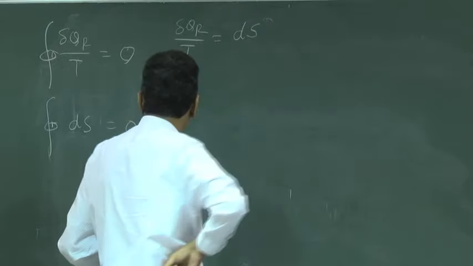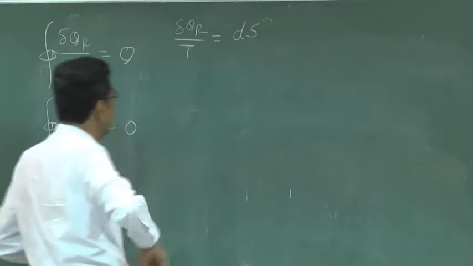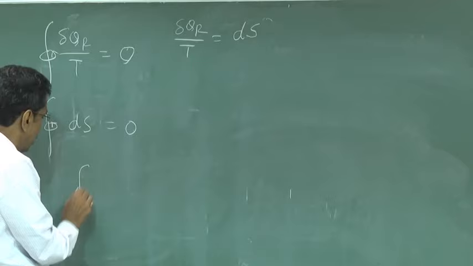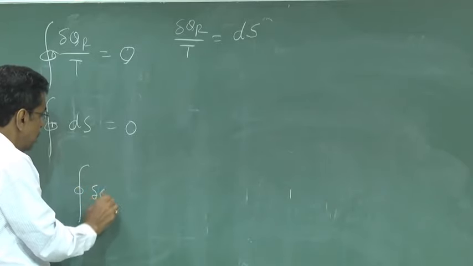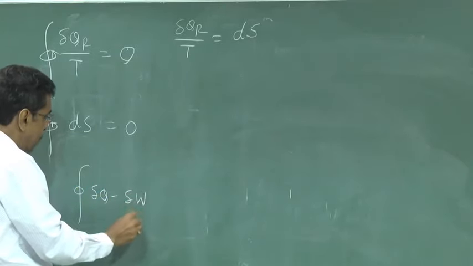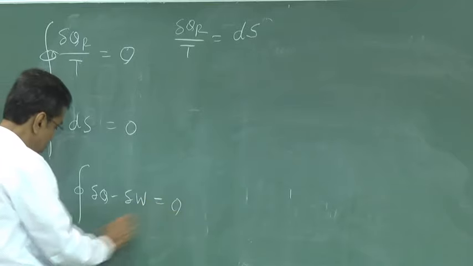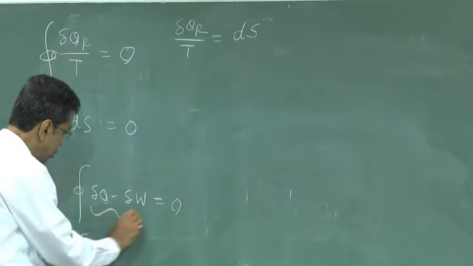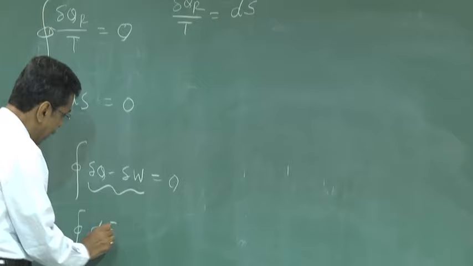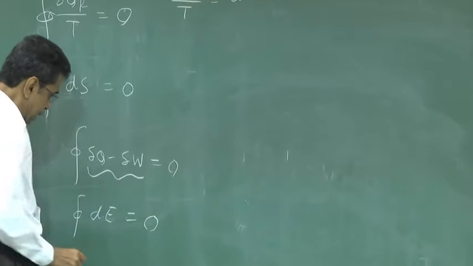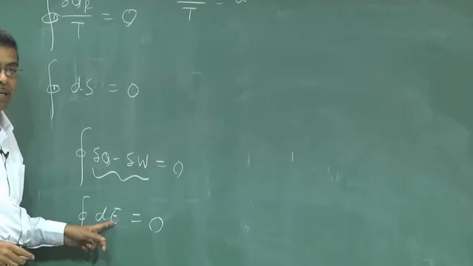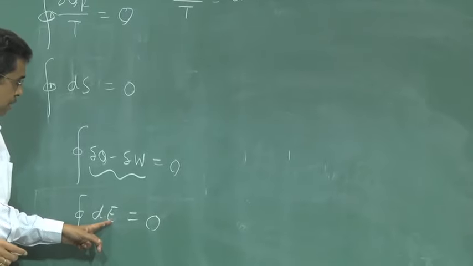Similarly here, for the first law we found that δq minus δw in a cyclic process is 0. So if you substitute this as dE being 0, that means E is a state function, a point function, whatever you call it.